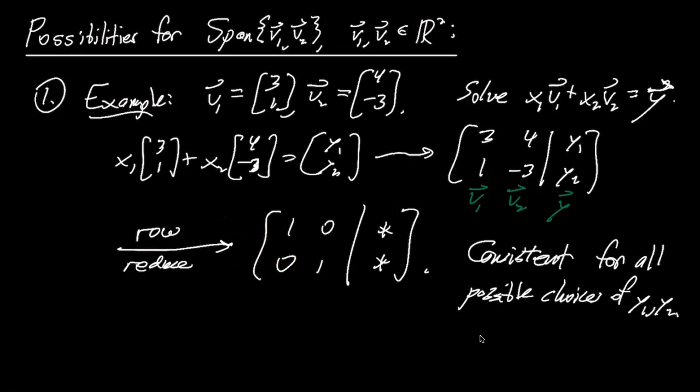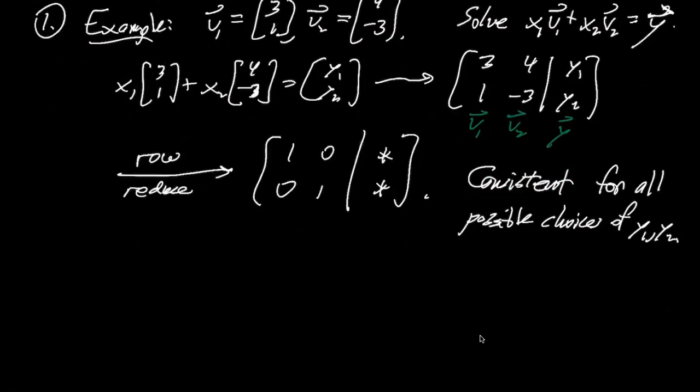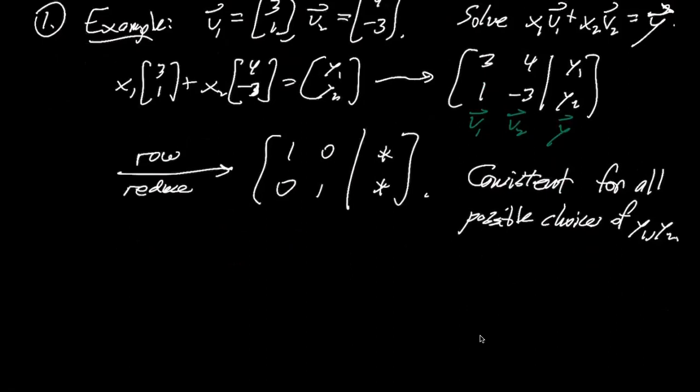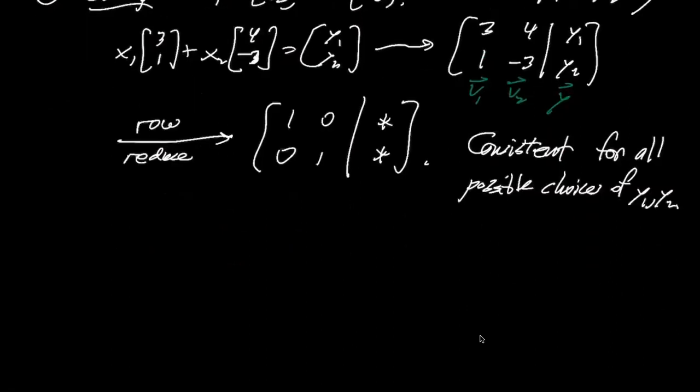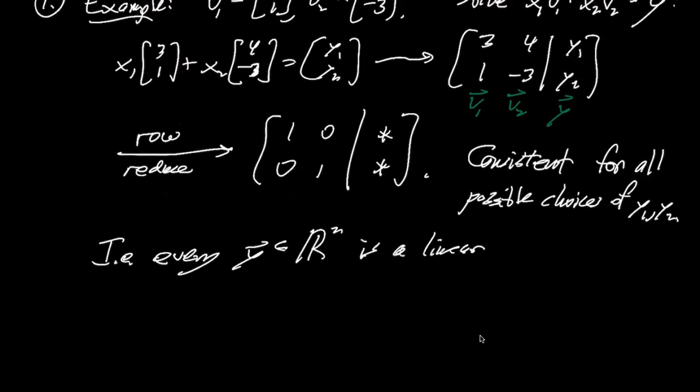And that means that every vector in R2 is a linear combination of V1 and V2. We sort of saw this geometrically in the last video, but now we have an argument. That is, every possible y vector in 2D is a linear combination of V1 and V2.